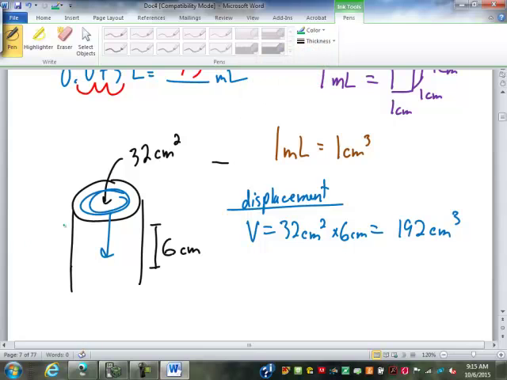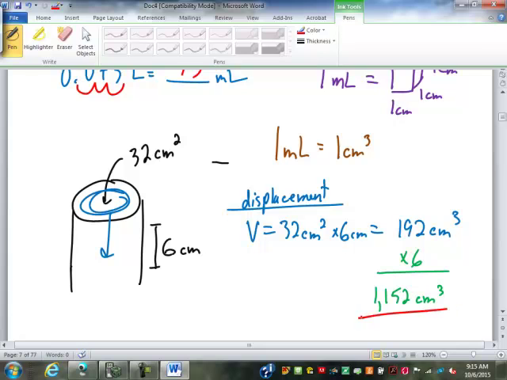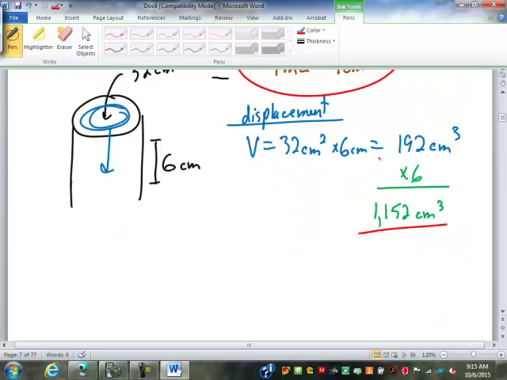Let's say it's a 6-cylinder engine, so times 6 cylinders is going to give us what? This is going to be way small, but that's okay. 1152 centimeters cubed. That's the total displacement of that engine. How many milliliters is that? 1 milliliter is 1 centimeter cubed.